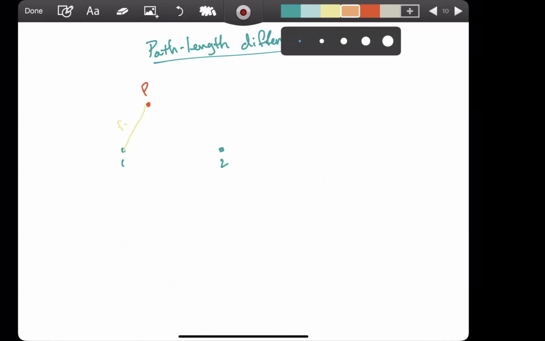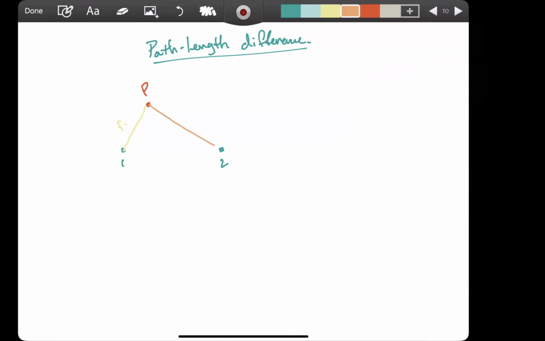This wave is going to travel some other distance, let's say R2. Now the path length difference, which we're going to call delta D, is equal to the absolute value of R2 minus R1. I'm putting absolute values on there because it's always going to be positive.